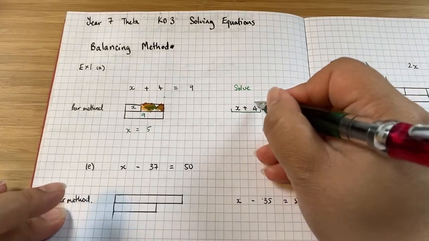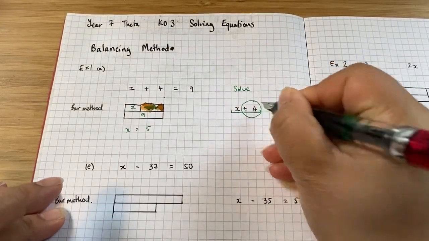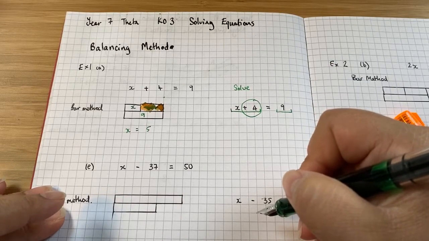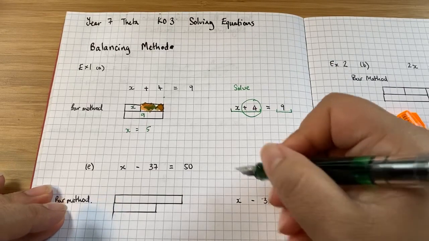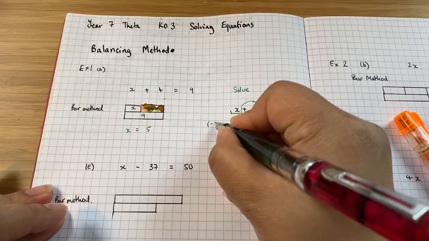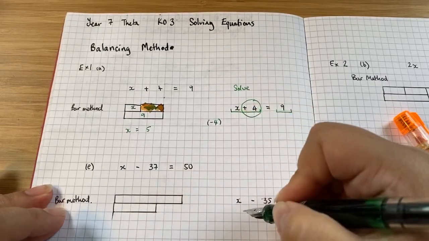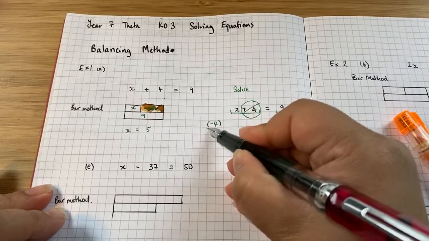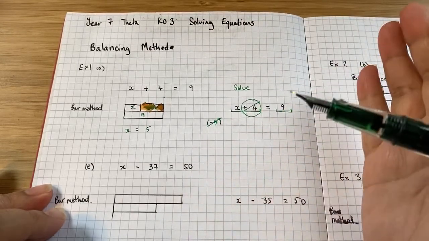So I want to get rid of this plus 4. Now, if we think about inverse operations, to make positive 4 become 0, I want to take away 4. Okay. Now, if I take away 4 from this 4, it becomes 0, and it's gone.